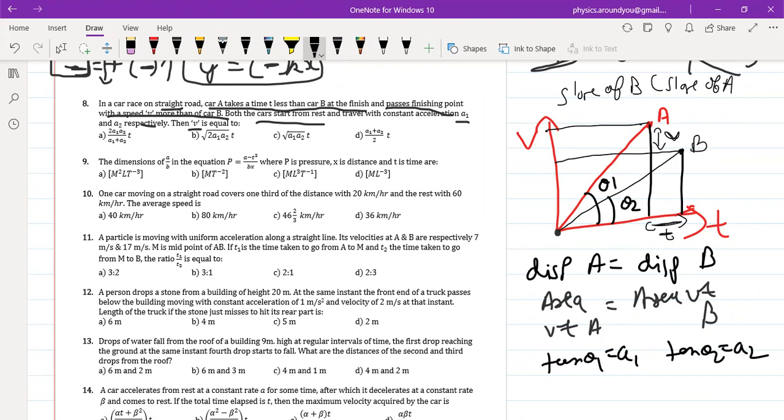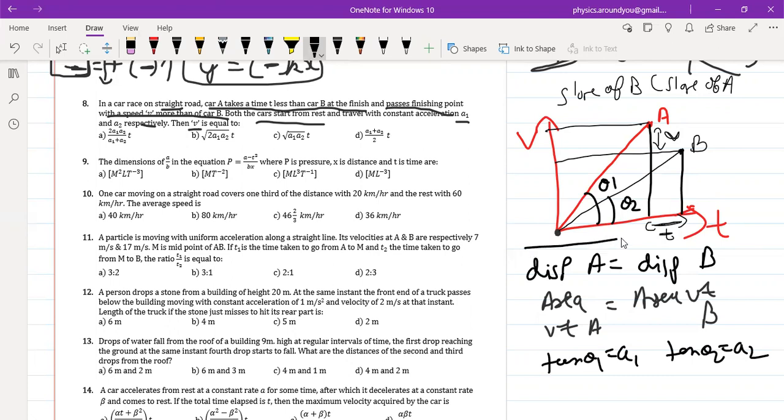So with this information, how would I tackle this and get the answer, especially v? I need this. The areas are the same, and I know the slopes.